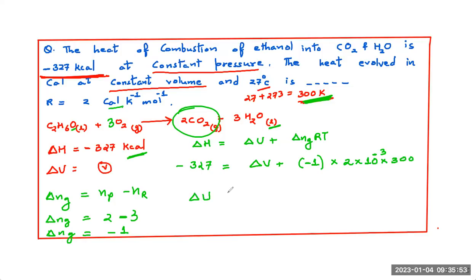As a result, when you solve it, delta U value will come 326,400 cal, that is 326.400 kilocal with a negative sign. So this much is evolved. So I hope the question is clear to everybody.